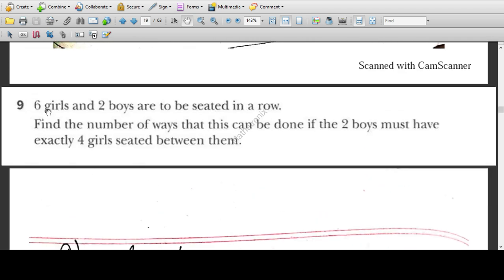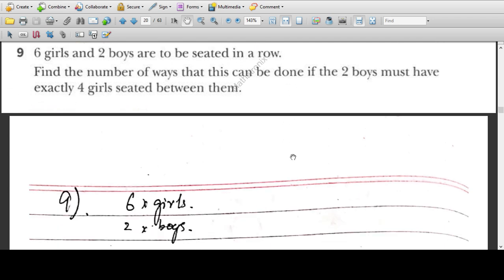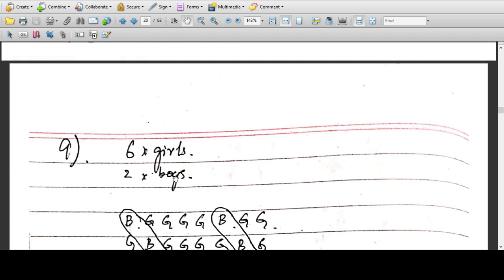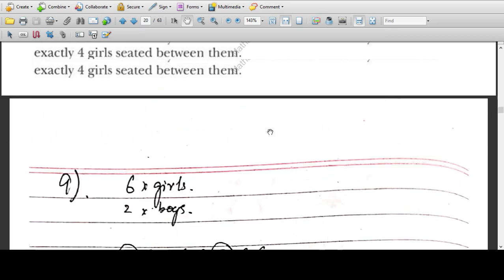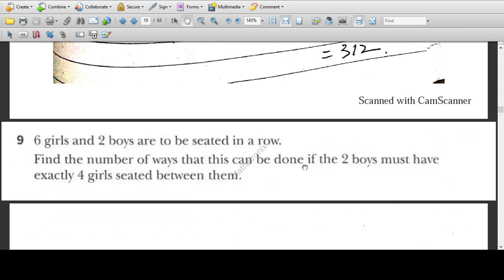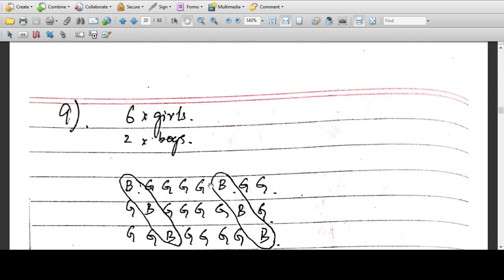Now question number 9. 6 girls and 2 boys are to be seated in a row. Find the number of ways this can be done if the 2 boys must have exactly 4 girls seated between them. Between the 2 boys, exactly 4 girls are seated.